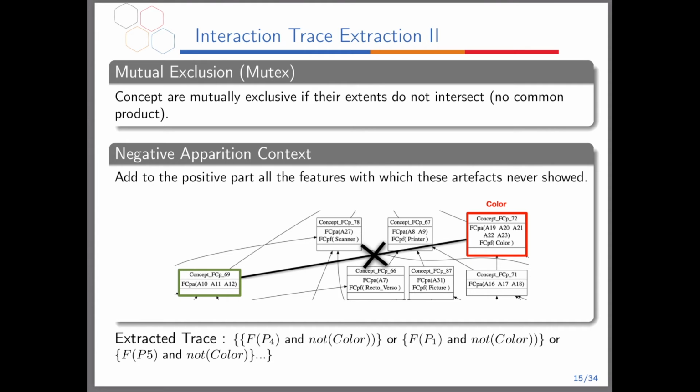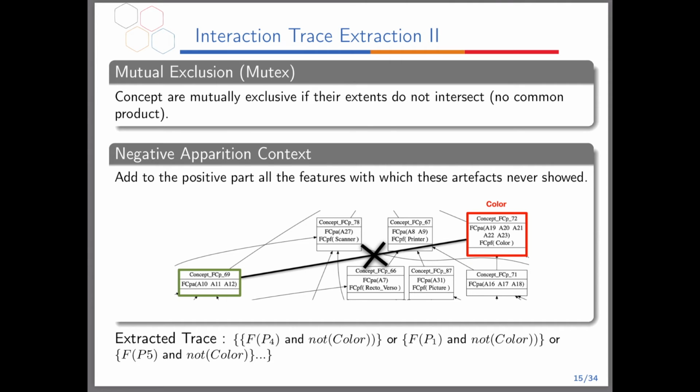To do so, we search if there is any mutual exclusion between the concept introducing this targeted artifact and any other concept that indicates the core implementation of a feature, so the red concepts from earlier. In this example, we found that color is never present in the products when artifacts 8, 10, 11, and 12 are inside.